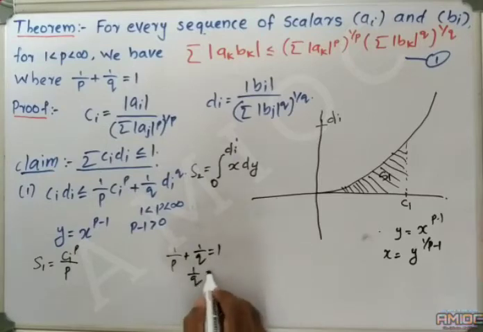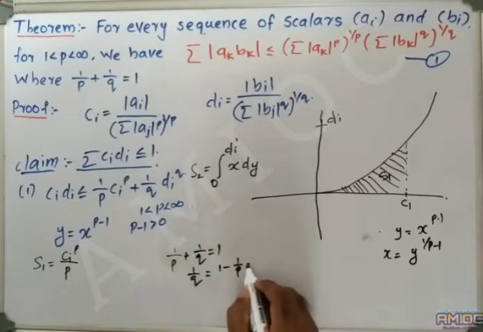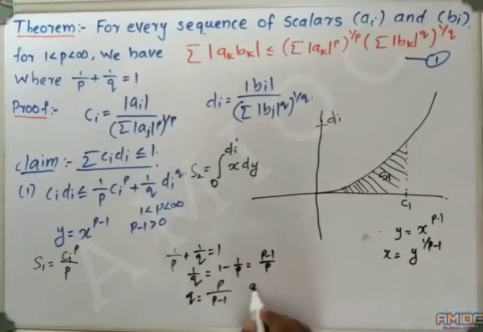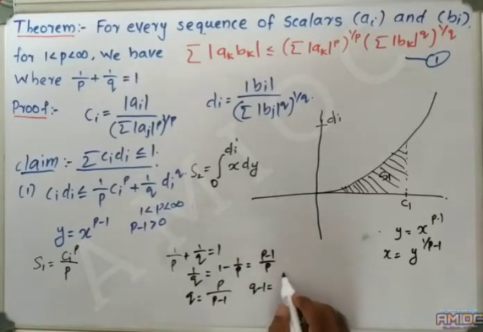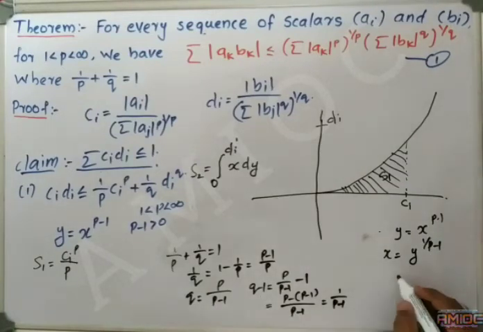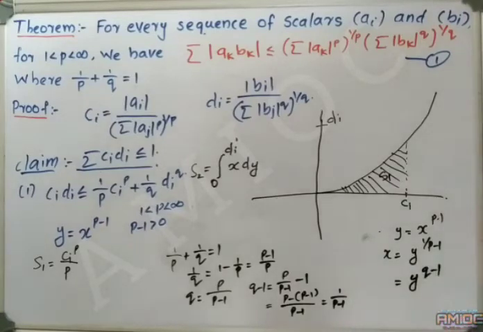So 1/q = 1 - 1/p = (p-1)/p. So q = p/(p-1), and q - 1 = p/(p-1) - 1 = 1/(p-1). So 1/(p-1) can be replaced by q - 1. So x = y^(q-1).